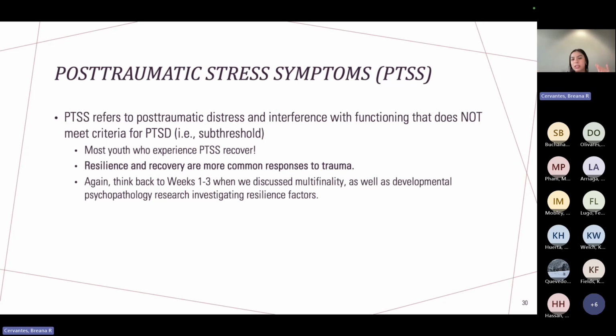So someone will end up with PTSD, someone will not, someone will end up with some other disorder. So this idea of PTSS is very consistent with what we've been talking about in terms of developmental psychopathology. And I think it gives people hope, especially parents, when they start to see these symptoms. This is probably a good time to get them into treatment to be more preventative so that it doesn't turn into PTSD, hopefully.